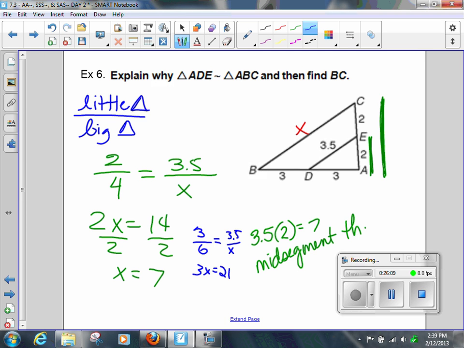Wait, 6 times 3.5, that's 18 and 3, that's 21. Put your calculator, 6 times 3.5. Okay. When you divide by 3, you still get 7. So either way, it should work out correctly.